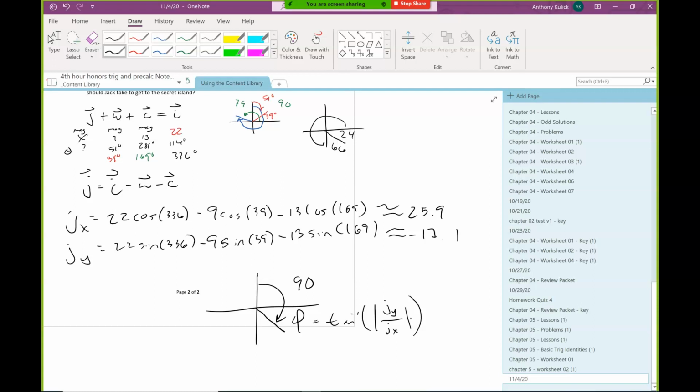So when I type that into my calculator, I get point.